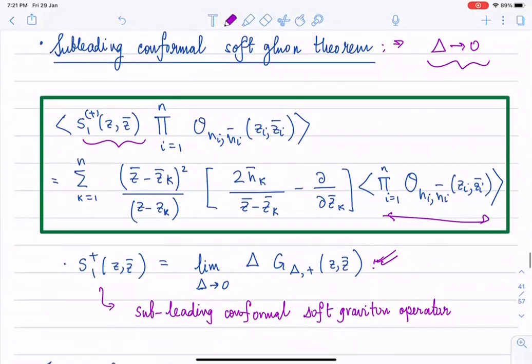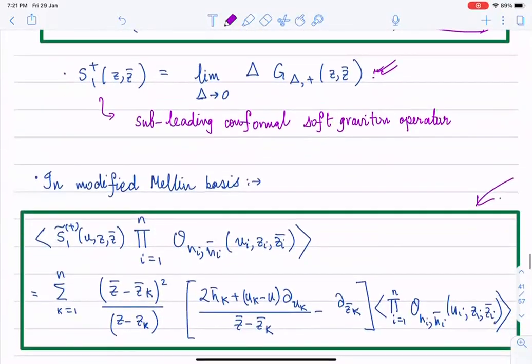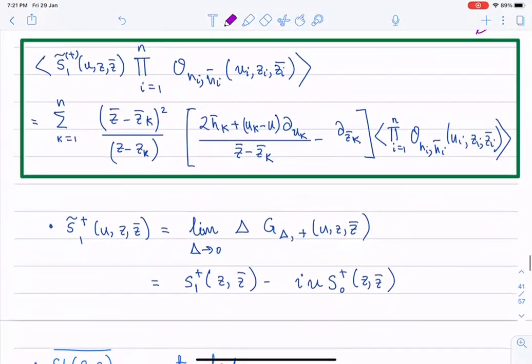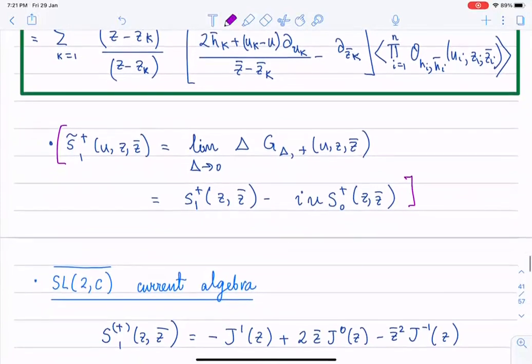In the subleading soft limit, the subleading conformal soft graviton operator in the standard conformal basis is slightly different from what you get in the modified Mellin basis, and the relationship between the two is the following equation. Okay. But for what I'm going to say next, this distinction is not going to be very important for us.